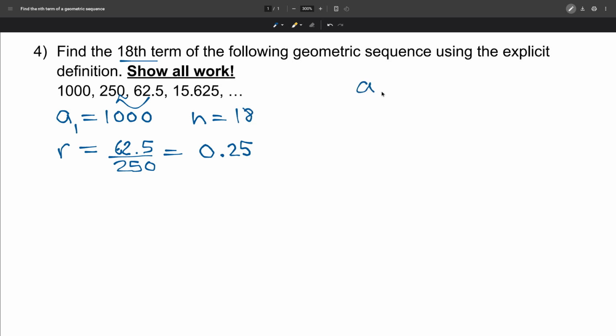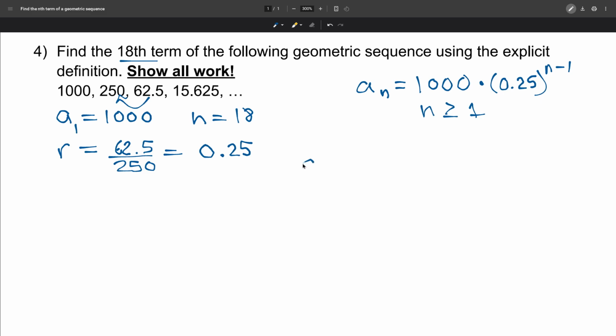Okay, so if we write our explicit definition, it's going to be a sub n equals 1,000 times 0.25 to the n minus 1 power, for n greater than or equal to 1.